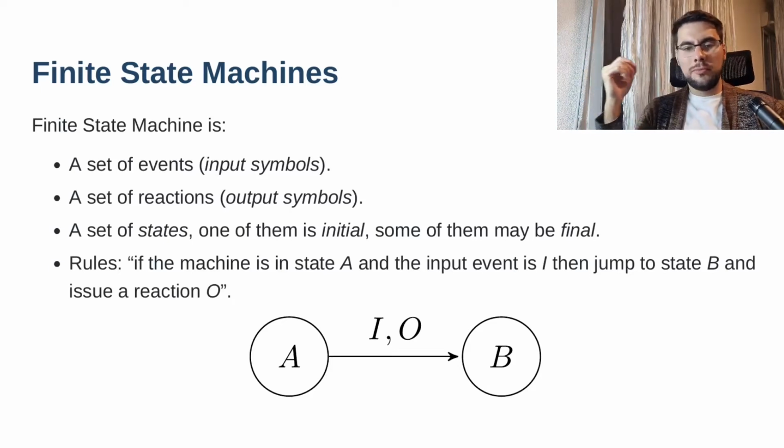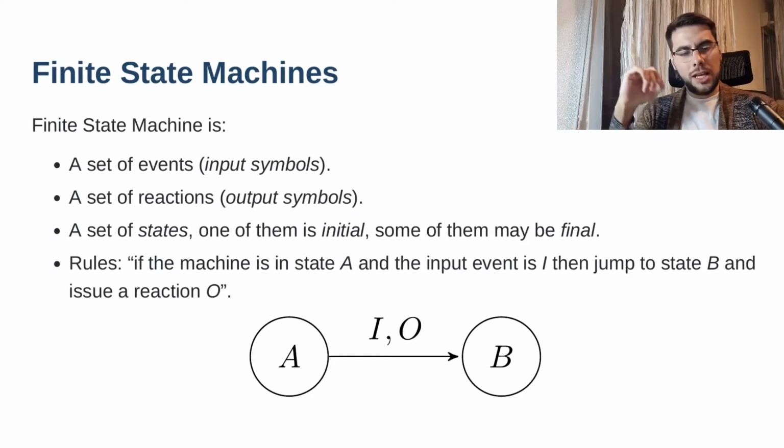Each rule is in the form: if the machine is in state A and the input event is I, then jump to the state B and issue a reaction O. Then the input event is consumed, so it will not affect the functioning of the machine anymore. States A and B may not necessarily differ, so the rule may create a loop.